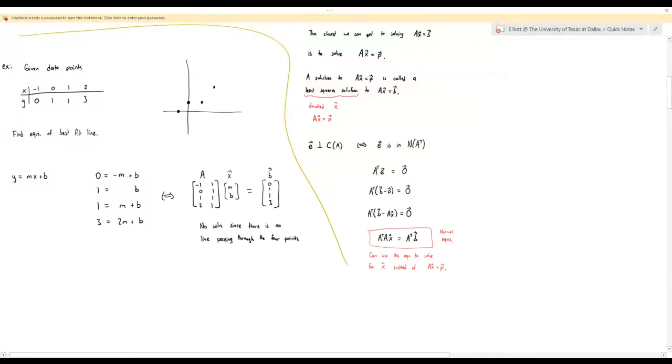So in order to find the equation of the line of best fit, the idea is we'll get the least squares solution to the system of equations instead.